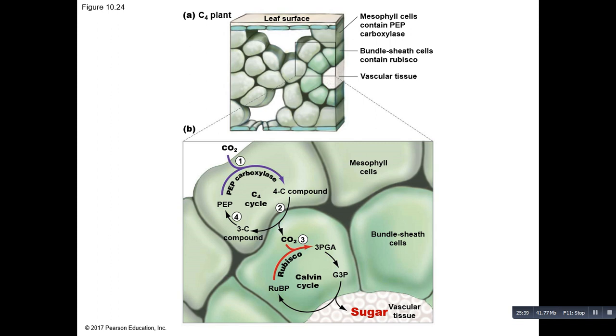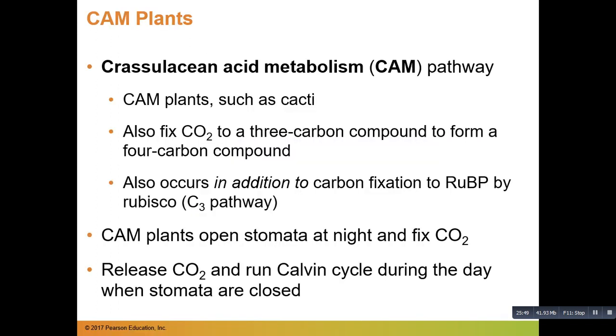Now we also have these really unique plants that we call CAM plants. CAM plants, an example is cactus. These are plants that live in really extreme hot and arid environments.